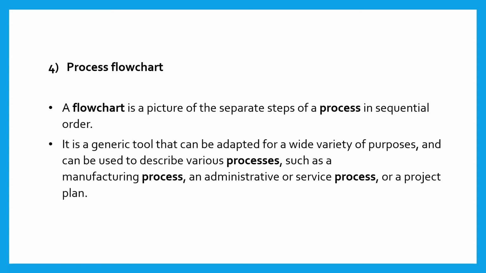It is a generic tool that can be adapted for a wide variety of purposes and can be used to describe various processes such as a manufacturing process, an administrative or service process, or a project plan. Sometimes these types of flowchart use a standard language or notation like business process modeling notation.